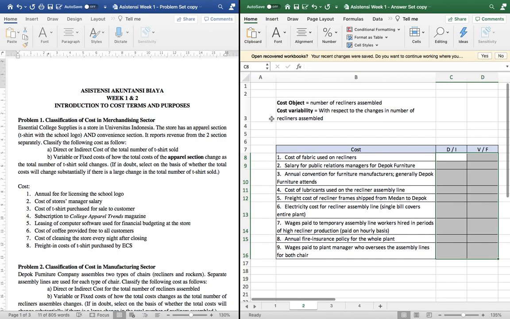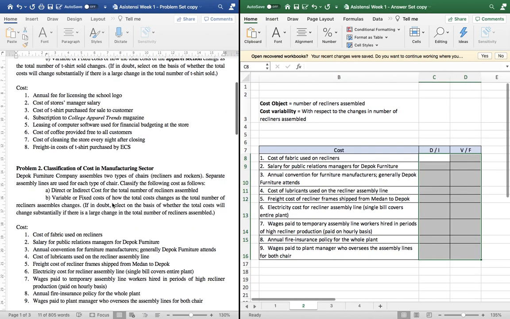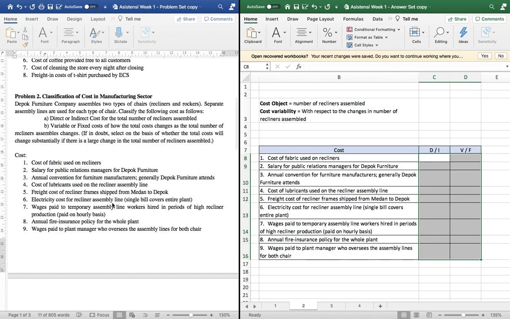And on to the next problem, the second one, is about classification of costs in manufacturing sector. So, Depok Furniture Company assembles 2 types of chairs, recliners and rockers, and separate assembly lines are used for each type of chair.